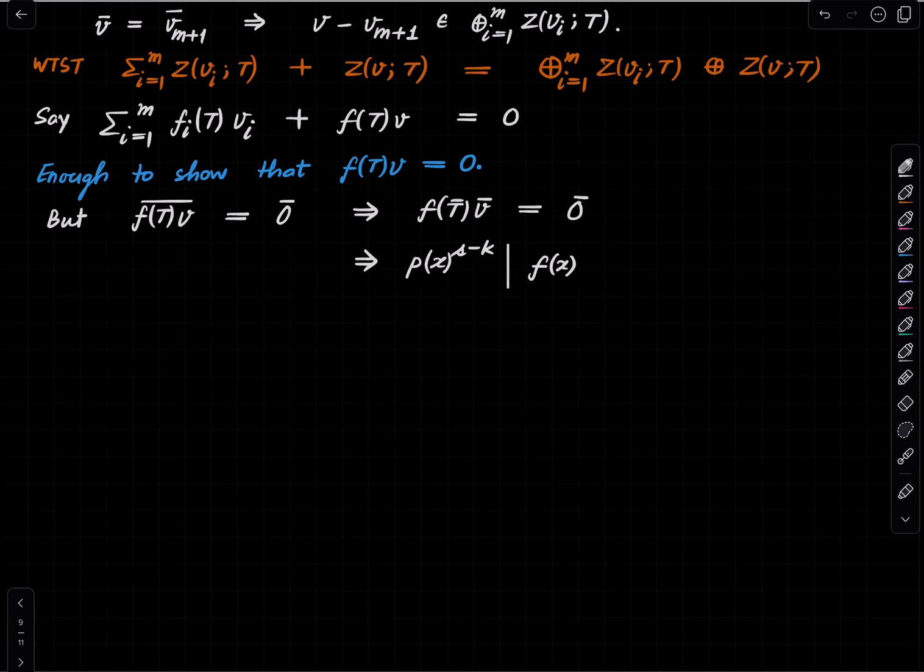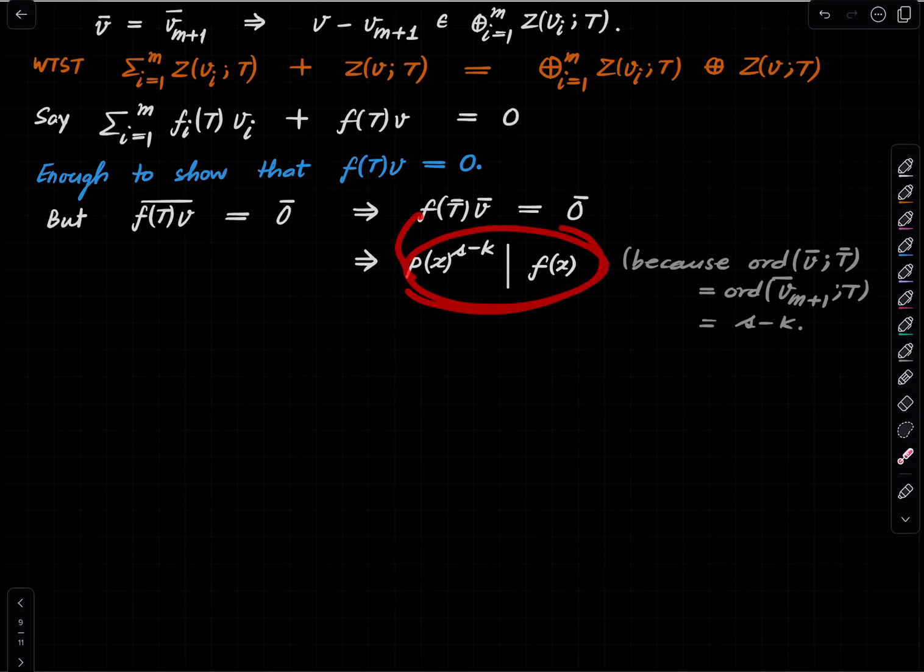Why? Because the order of v bar in the quotient is same as the order of vm plus 1 bar, which by notation was s minus k, and why this division happens was left as an exercise. Okay, so we have that.